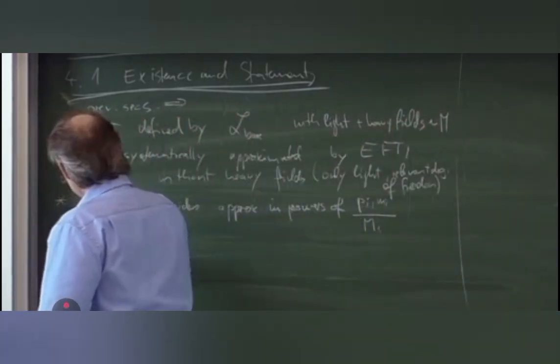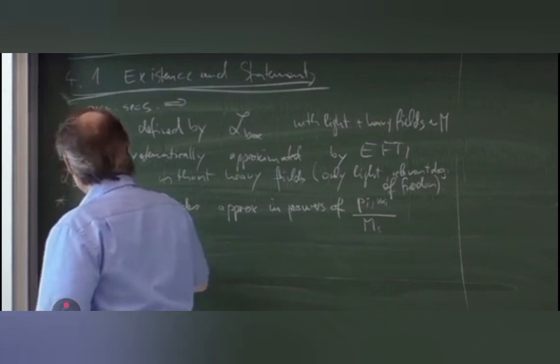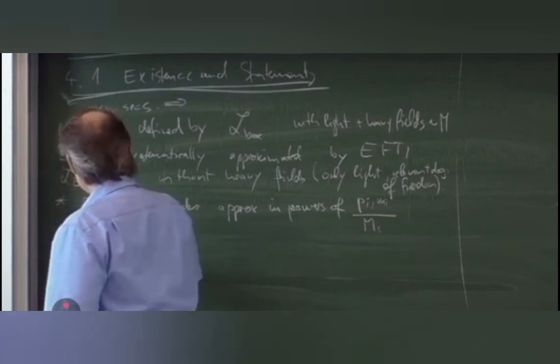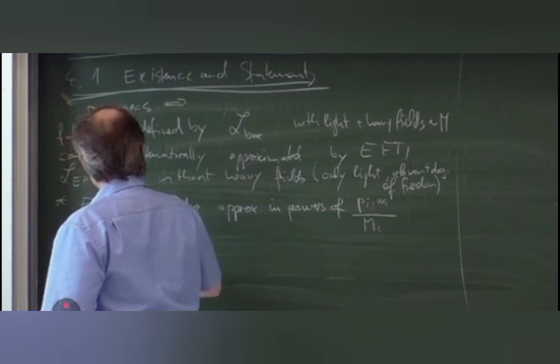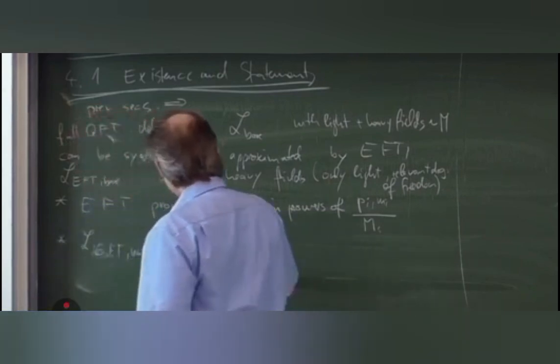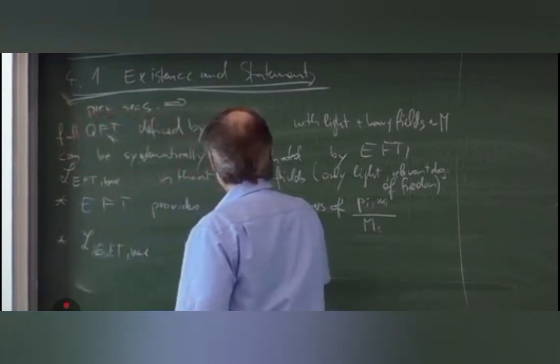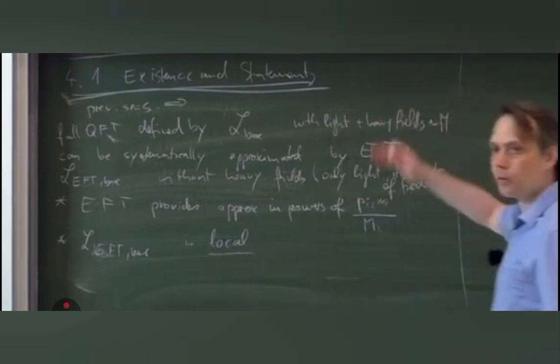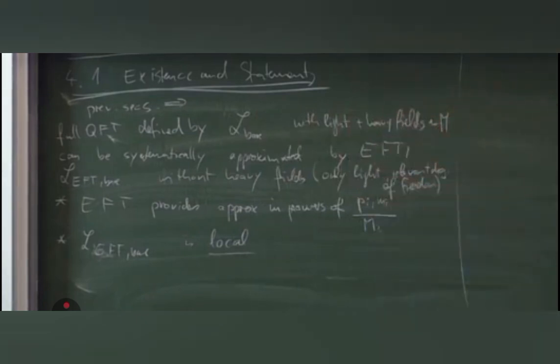So the Lagrangian of the EFT is local. That is what we have always seen in the examples, and it is systematically an outcome of the method of regions that we always get local effective theory vertices.